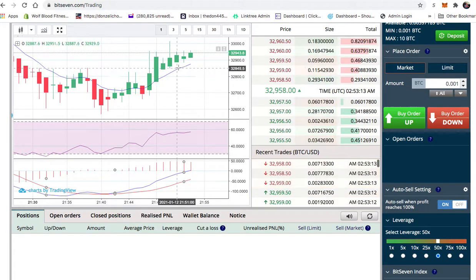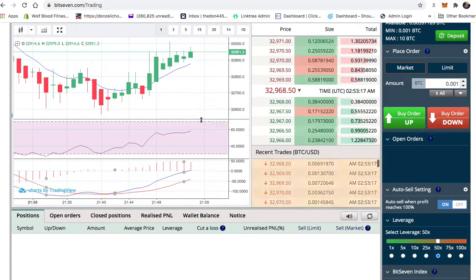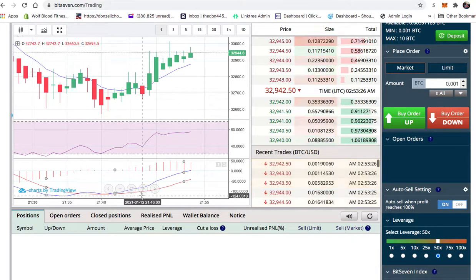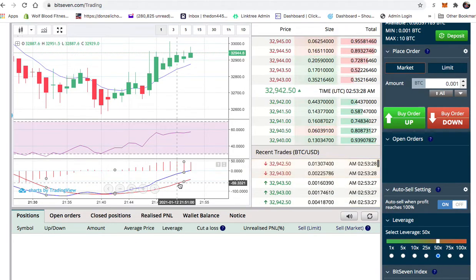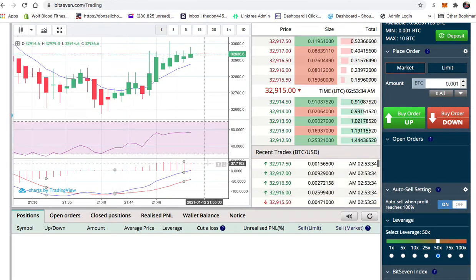You got your moving average, you got your RSI going in the right direction, and you got your MACD going in the right direction, where you have your moving average line crossed over the top of your signal line, and there's good separation here, which means that it's a strong trend and it's moving up. They're all going in the right direction.